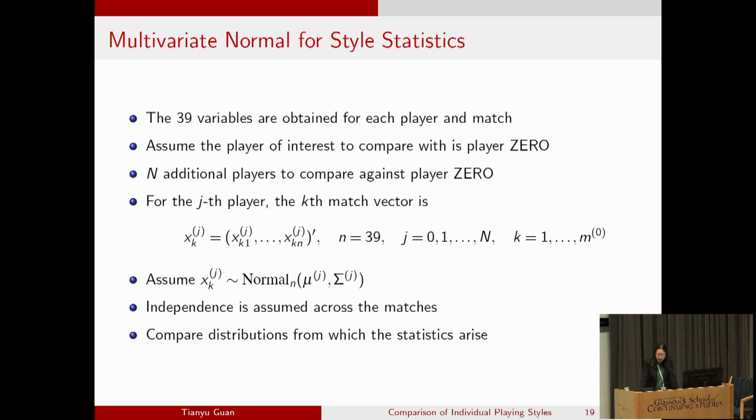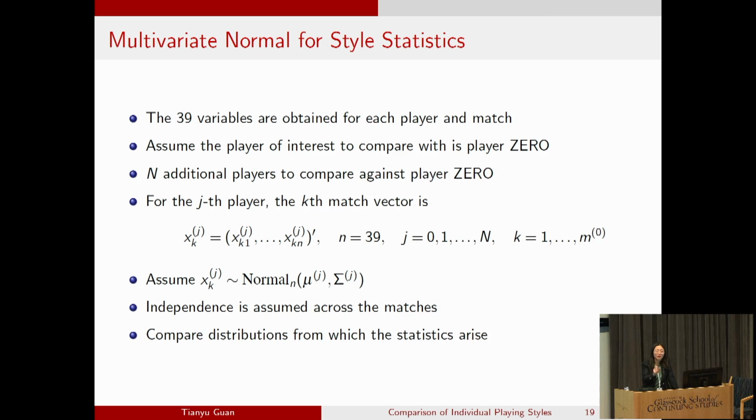What we do is first identify the player we're interested in as player 0, and then we compare an additional player to player 0. The statistical model we consider is that for each player and each match, we can build a vector that contains the 39 variables.